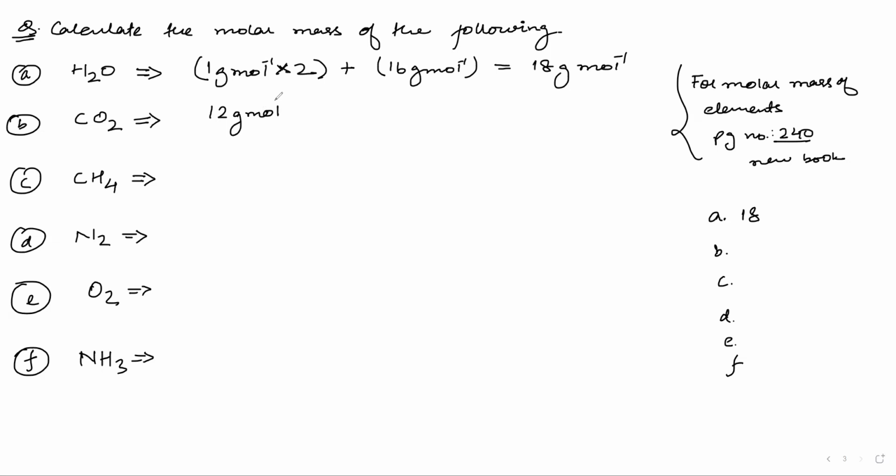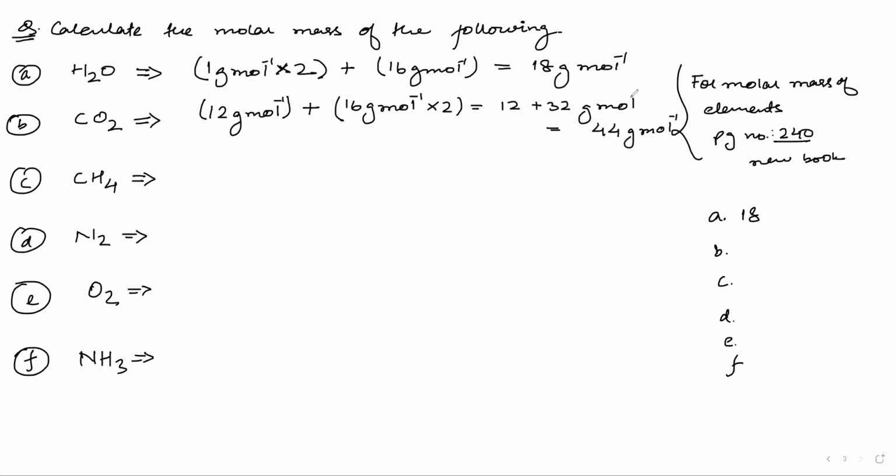Fine, 12 grams per mole plus oxygen. How many oxygens are there? 2. For oxygen, it is how much? 16 grams per mole into 2. Correct. So 12 plus 32, that is 44 grams per mole.